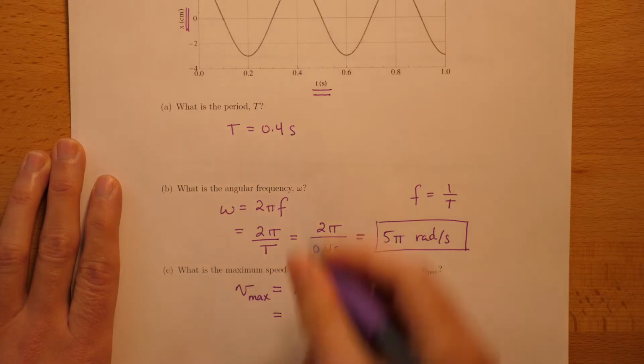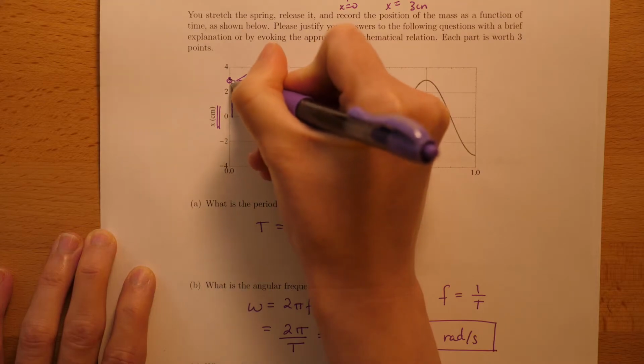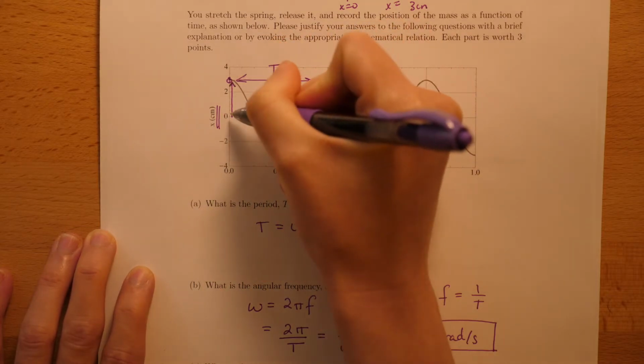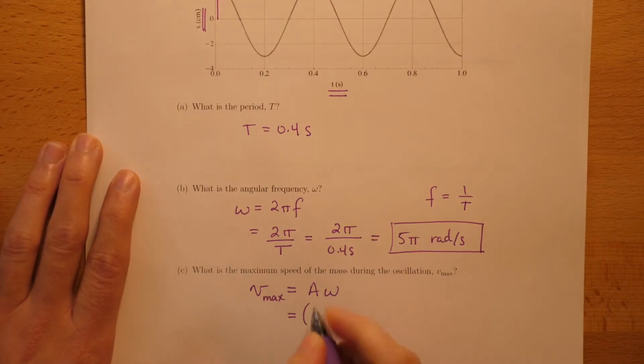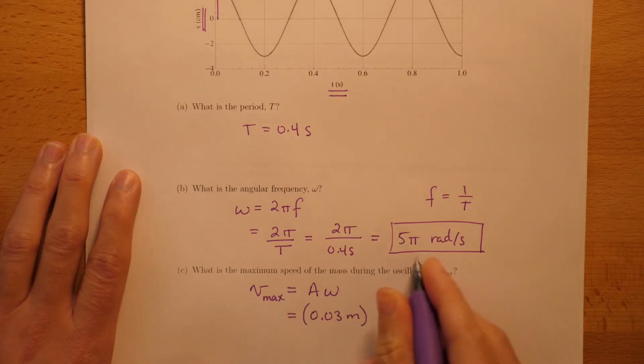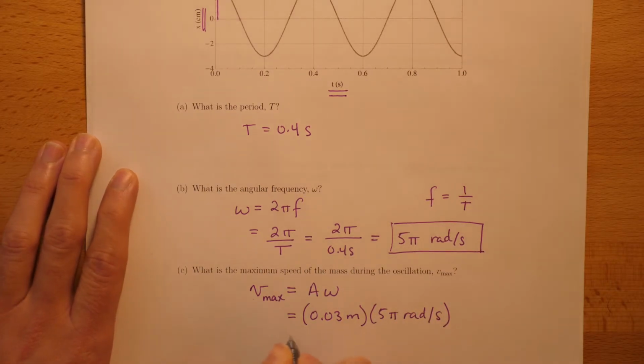The amplitude is the displacement at the peak, so that's 3 centimeters. Our amplitude is 0.03 meters, and we multiply by our 5 pi radians per second, which gives 0.15 pi meters per second.